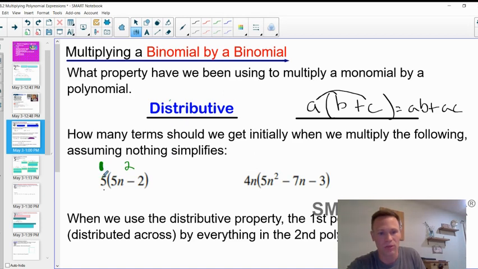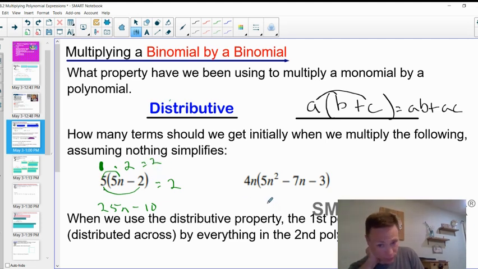So I'm going to do 5 times 5n, and 5 times -2. Well, when I do that, I'll have 2 terms in the end, right? If we actually did the multiplication, we'd get 25n minus 10. That's 2 terms. That comes from taking 1 term times 2 terms to get 2 terms in the end.